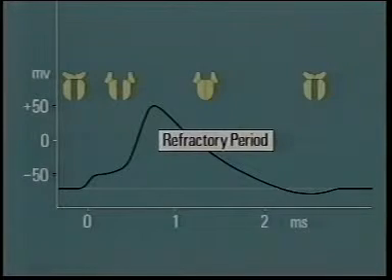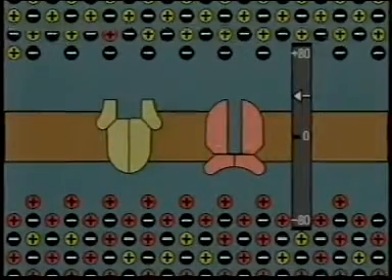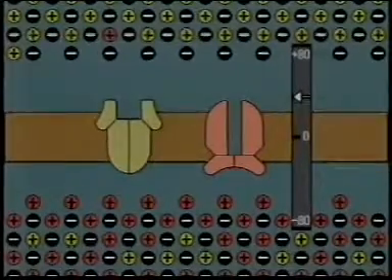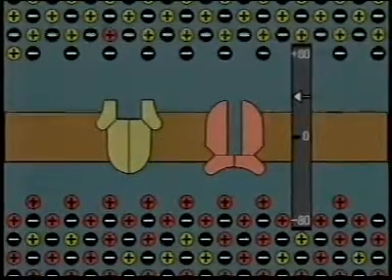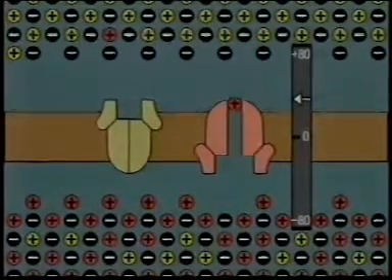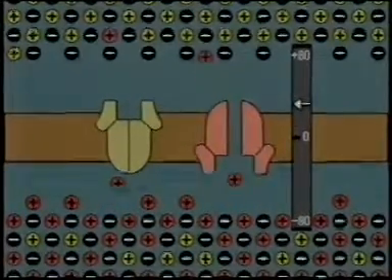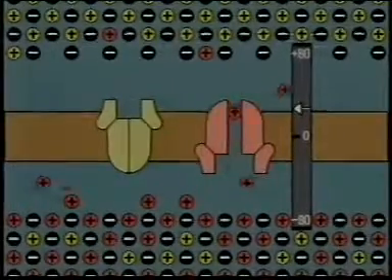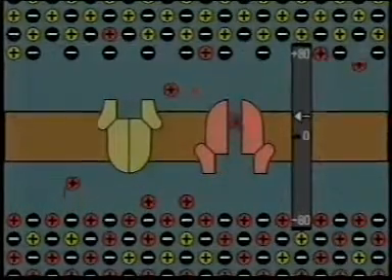The second reason is the presence of voltage-activated potassium channels. These open much more slowly than the sodium channels and are open to their full extent only when the sodium channels are in their inactivated state. The outward flow of potassium ions through these channels repolarizes the membrane.